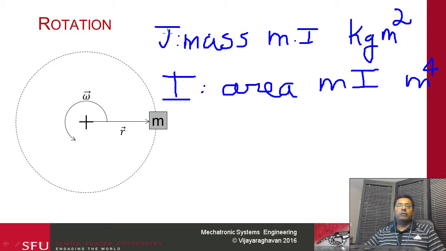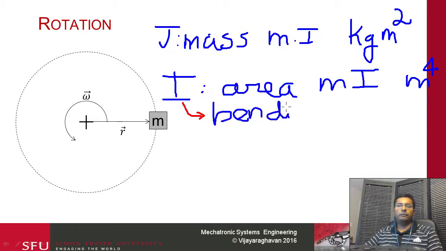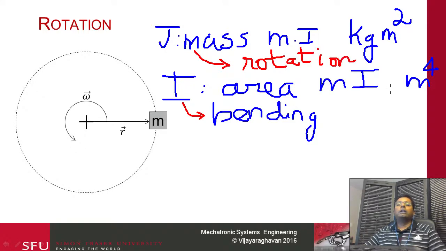This is used for bending, and then this J is used for angular acceleration, for rotation. So this is important. These are related.